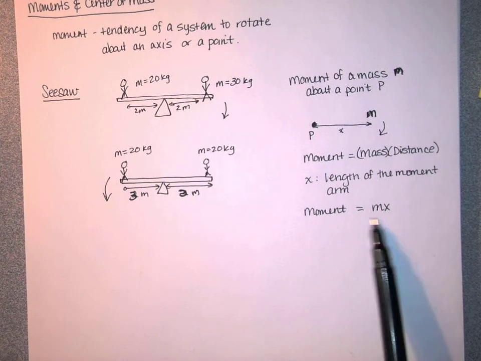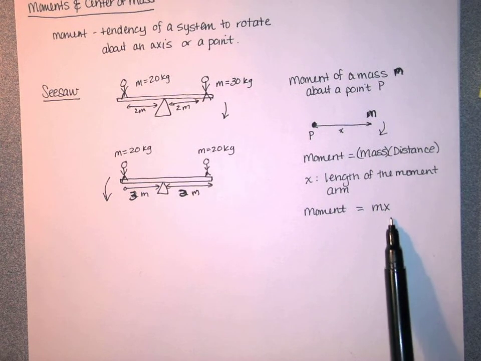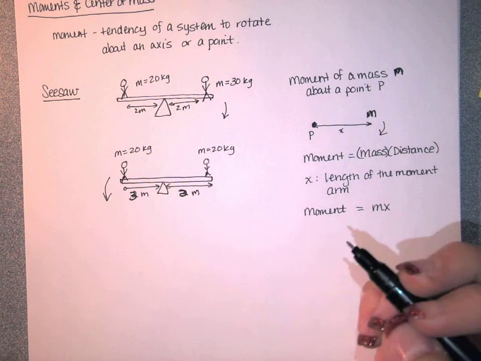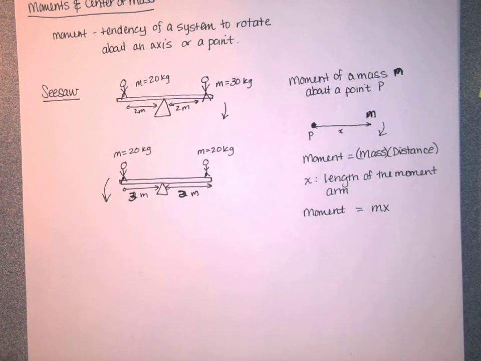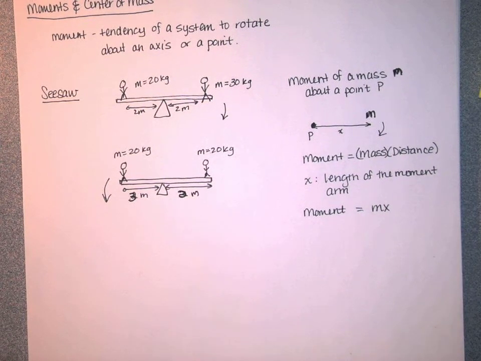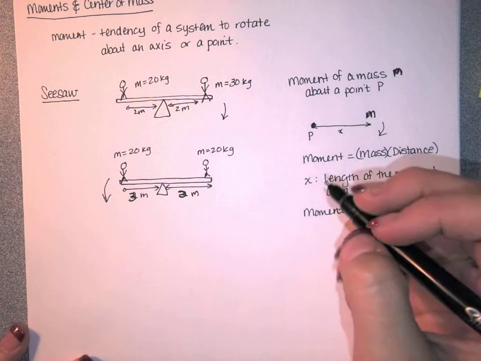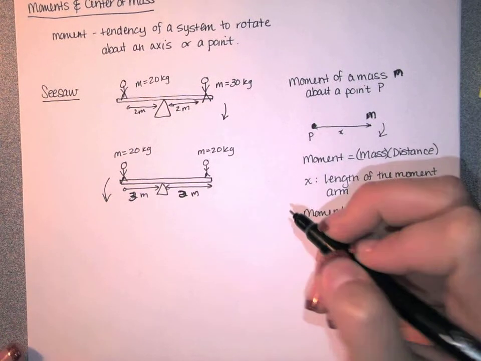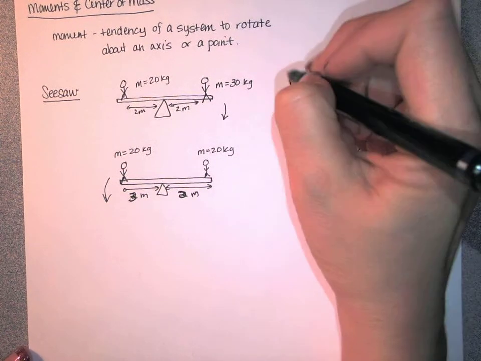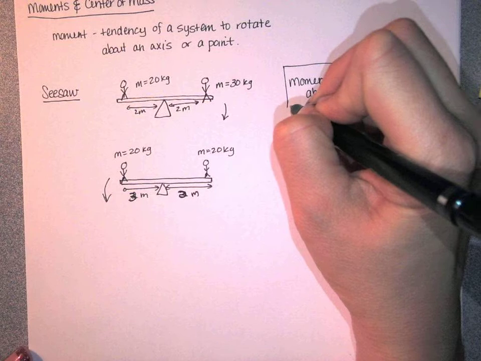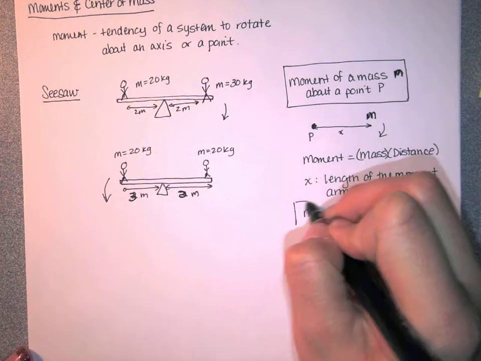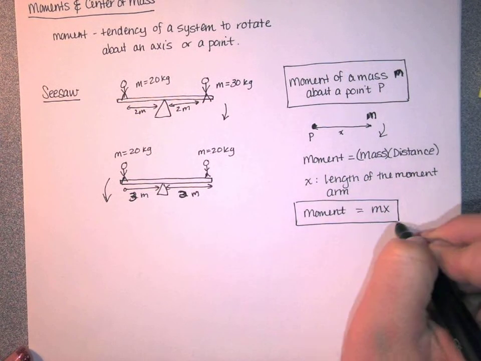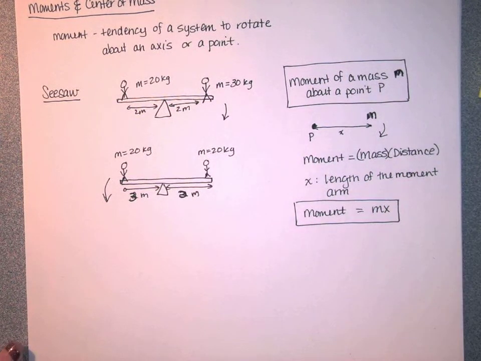The moments that we're talking about are going to be the same no matter what planet you're on. So it's really a characteristic of the geometry of the system and less about fundamental forces like gravity on Earth. So this is the moment of a single mass about a point P. It's just m times x.